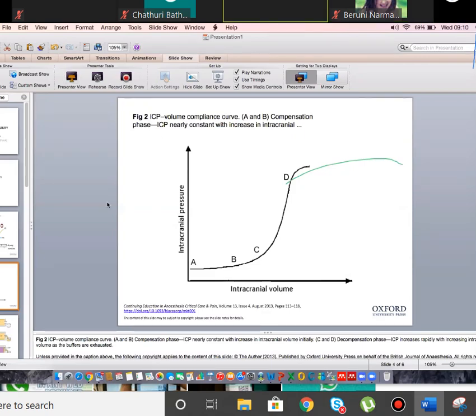What's the other importance? Brain herniation. It can cause brain herniation and can cause death. There are vital structures in the brain stem, and there is uncal herniation and so on. Because of that, ultimately it can result in death.